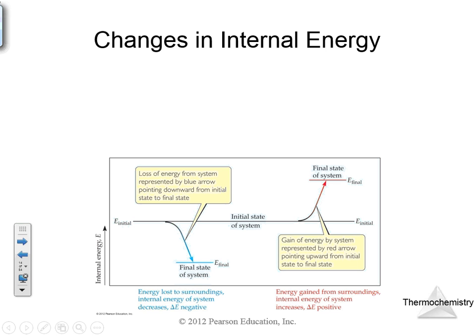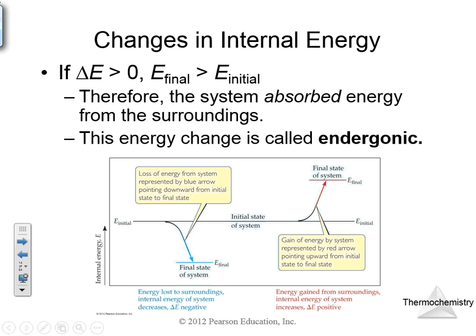Now, changes in internal energy. If the change in energy is greater than 0, that means the system has absorbed energy from its surroundings. Your change in E would be positive, and that would be called endergonic, but don't worry about endergonic.